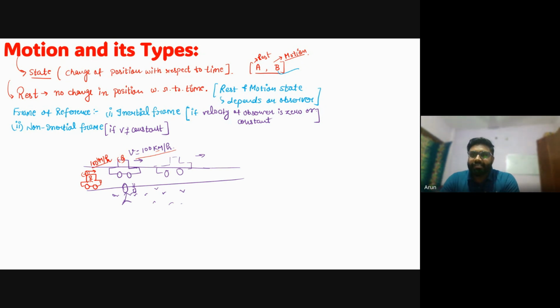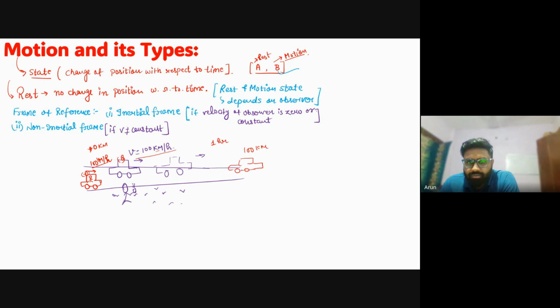The same happens here. This car A is moving with 100 kilometer per hour. This car B is also moving with 100 kilometer per hour. So in one hour, they are covering 100 kilometer, which means if both cars are at 0 kilometer, then one hour later they are at 100 kilometer, facing each other each and every time.